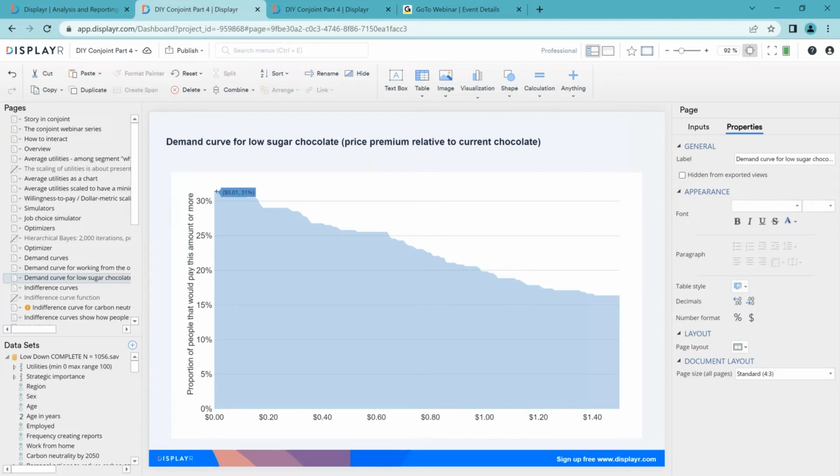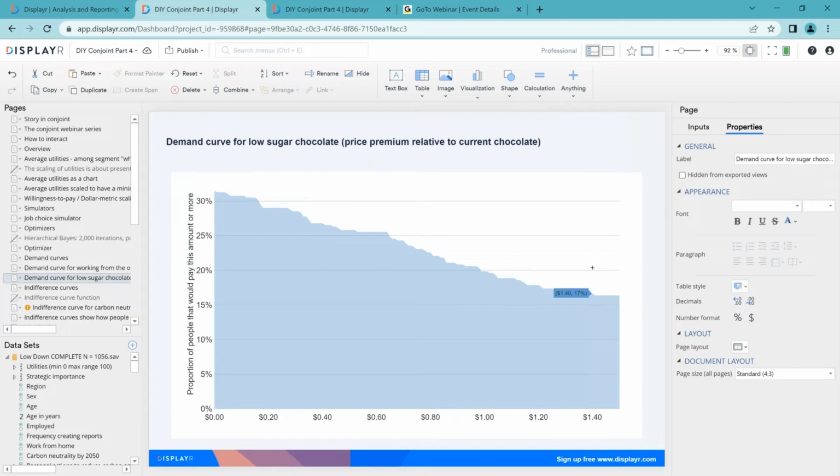That is, it's less appealing. But notice we can raise the price by $1, and we've still got 20% of the market. We raise the price by $1.49, and we've got 16% of people still in the market. So there's very clearly a segment of people who are prepared to pay quite a bit more for the sugar-free chocolate.